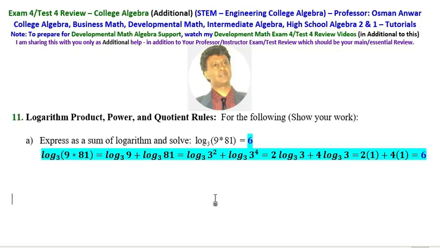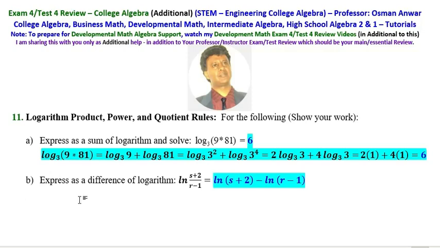So that is log base 3 of 9 times 81, which is log base 3 of 9 plus log base 3 of 81. 9 is 3 squared, and 81 is 3 to the 4th, that is log base 3 of 3 squared plus log base 3 of 3 to the 4. So bring the 2 down, that is 2 log base 3 of 3. Then bring the 4 down, that is 4 log base 3 of 3. The log base 3 of 3 is 1, that is 2 times 1 plus 4 times 1, which is 6.